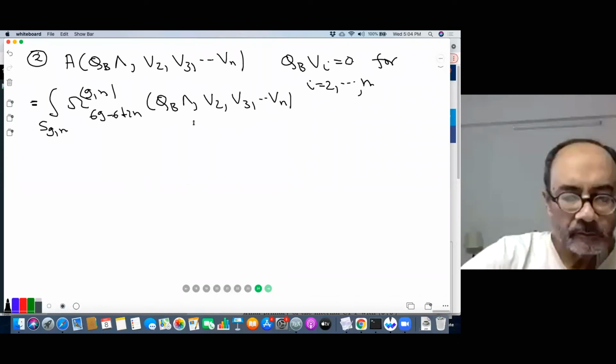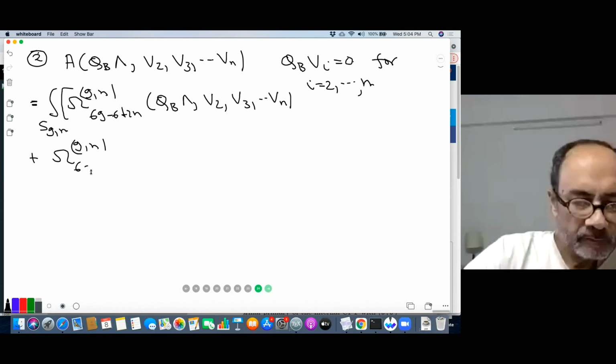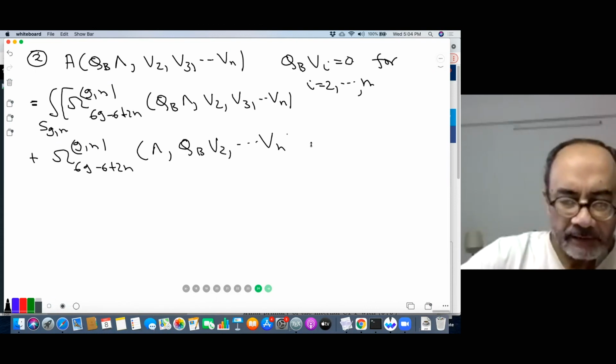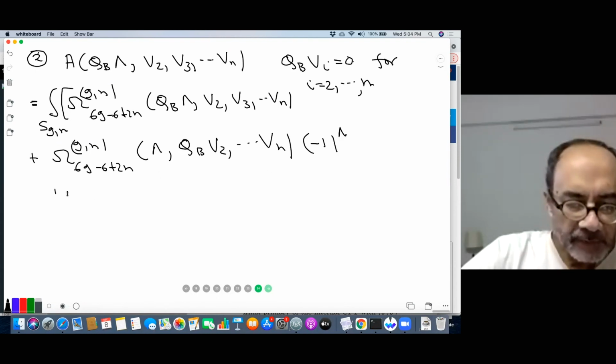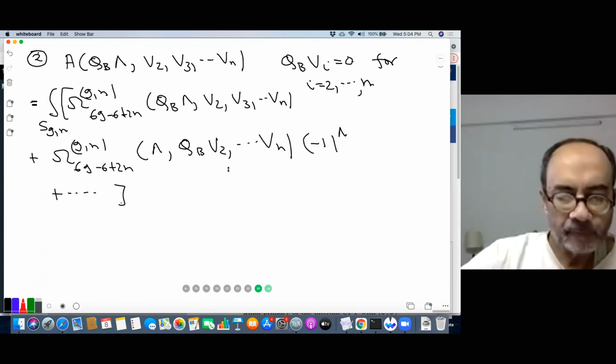But I can always add to this lambda QB V2 up to Vn, minus 1 to the lambda, plus a whole bunch of other terms, because QB V2 is 0 anyway. So you are just adding zeros.